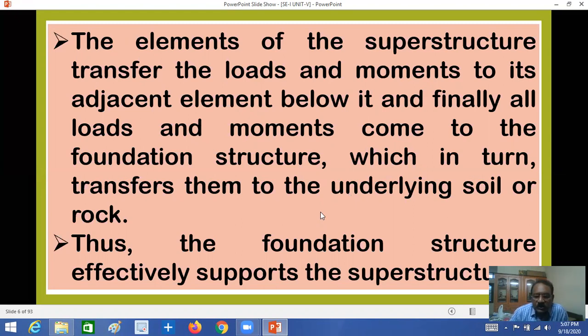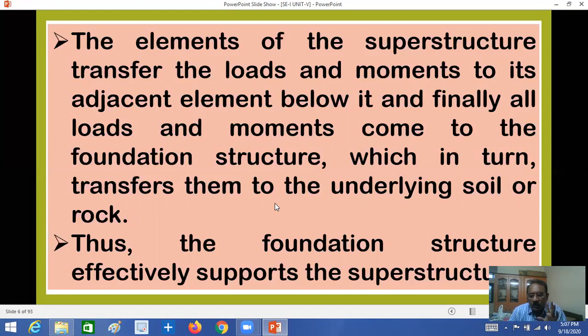If the foundation is good, your building is good. That's why there is a quotation we can generally use for students also: if your foundation is good, you are at the top. Whenever the foundation is strong, the structure will be safe.